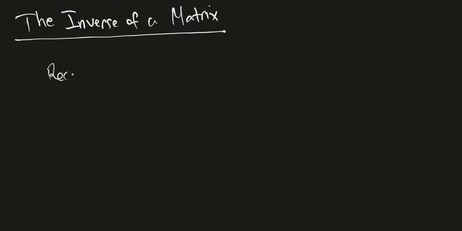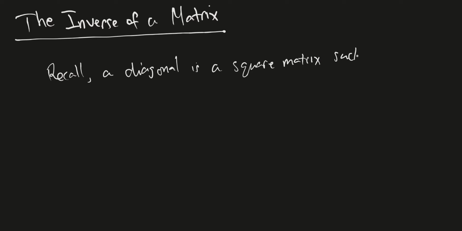So recall, a diagonal matrix is a square matrix such that the aij's are equal to 0 whenever i is not equal to j, right?